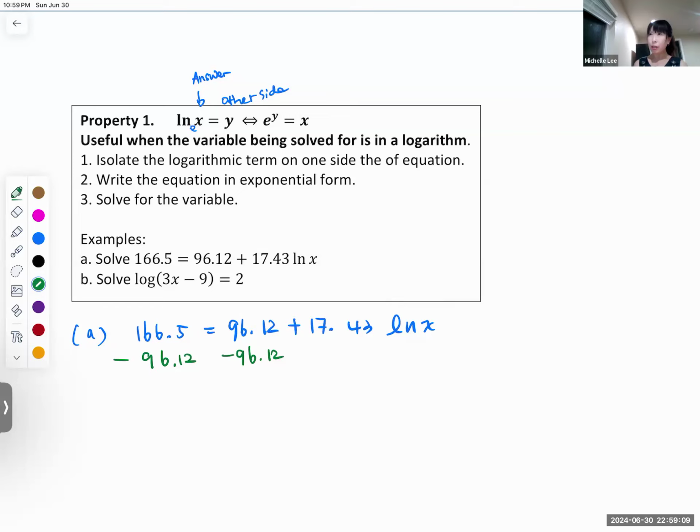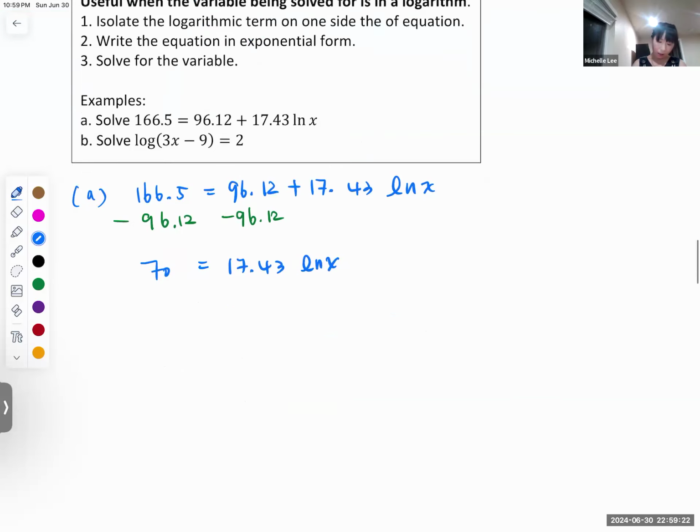Okay, then we have 70 equal to 17.43 natural log of x. Now it's a multiplication, so divide by 17.43 on both sides. Then we have 70 over 17.43 equal to natural log of x.